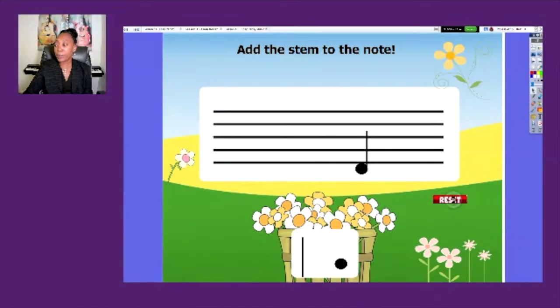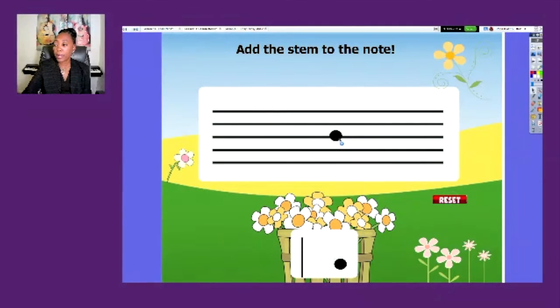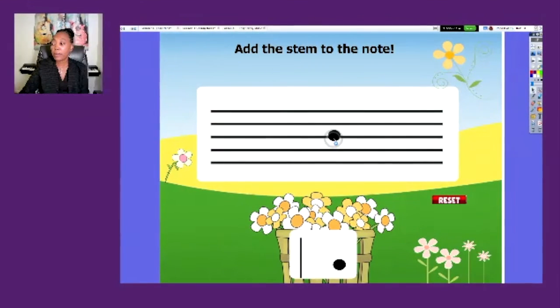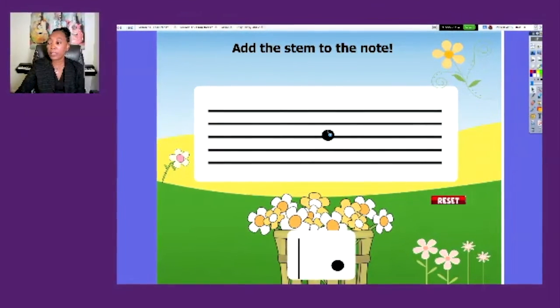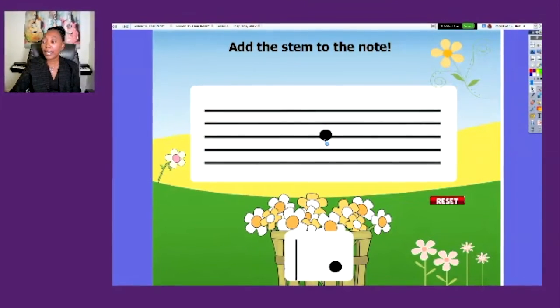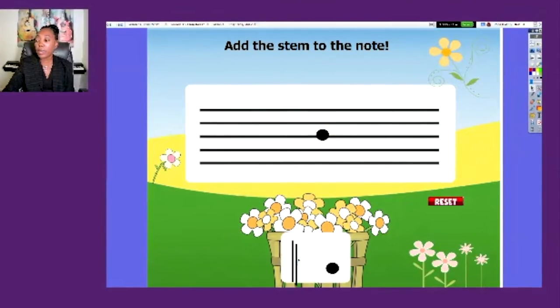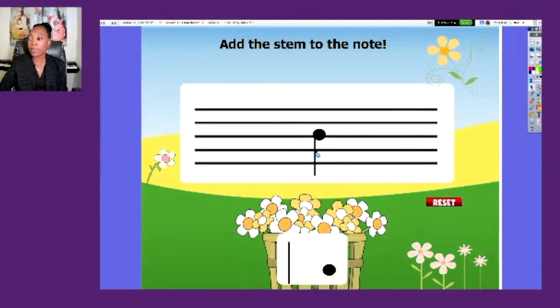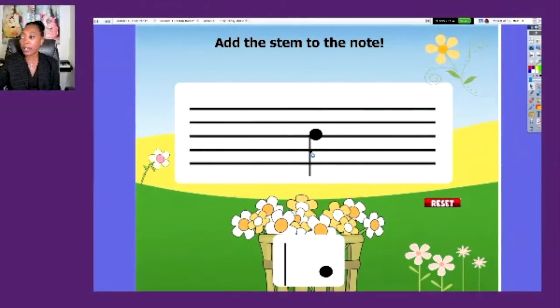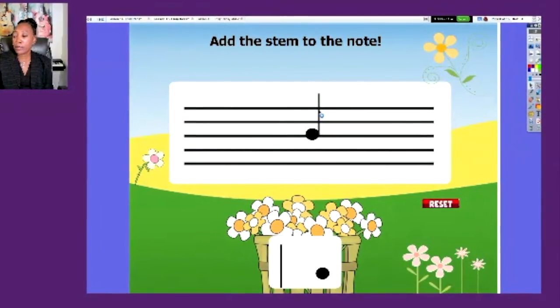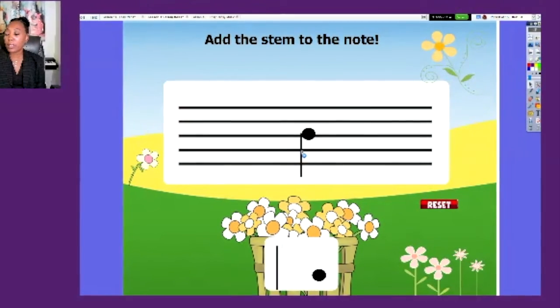Okay, and we're going to do one more. Here we have our note head. We're still dealing with a quarter note, but we have our note head, and it's on the third line. And we have to figure out if we want our stem to go down to the left or up to the right. But it's on the third line.